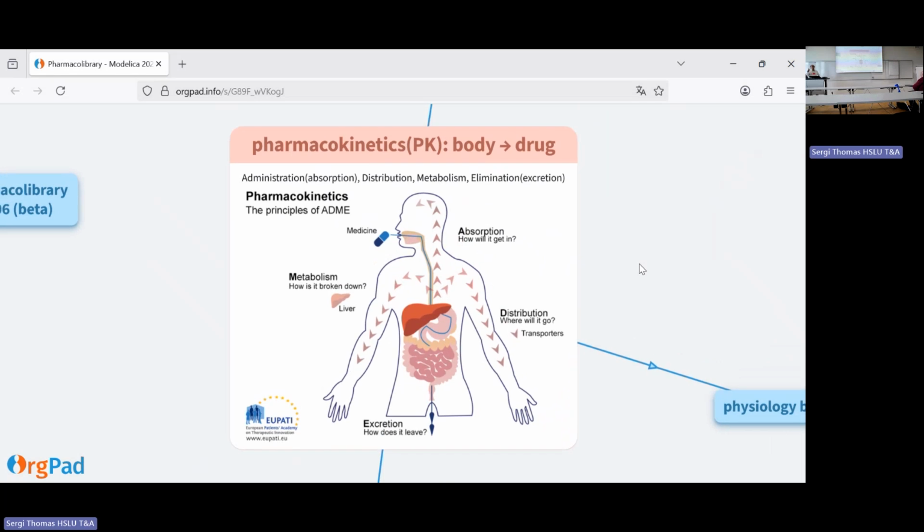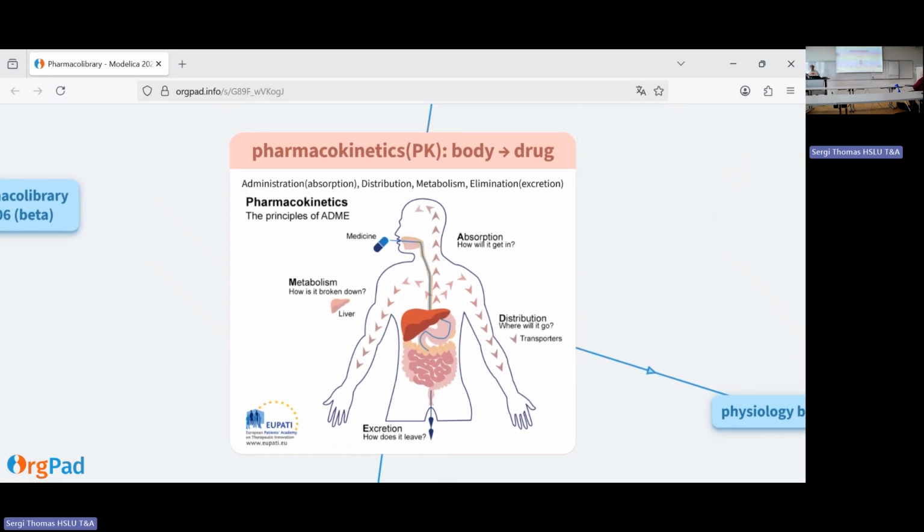So pharmacokinetics is the way the body acts on the drug. So when you take a medicine, for example, you take it orally, but you can also take the medicine by injection inside the venous system or inside the muscle.